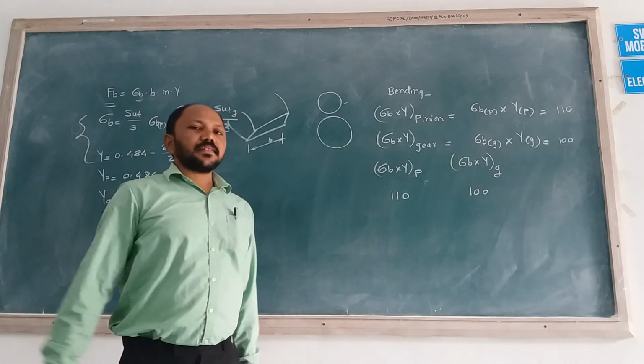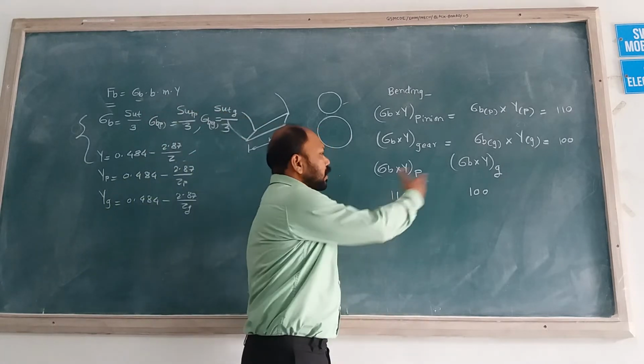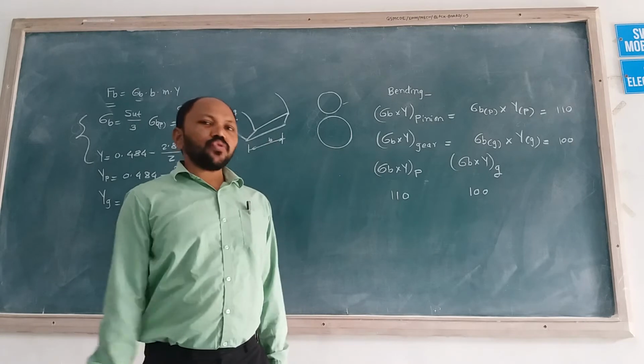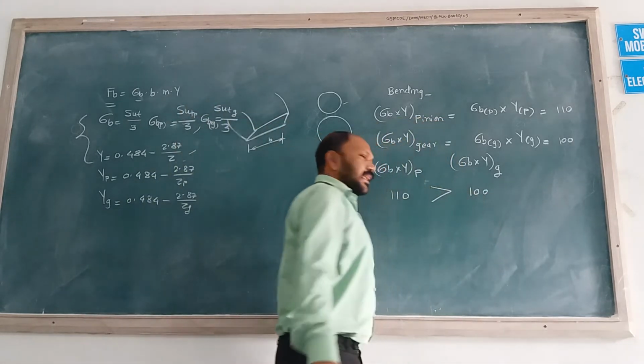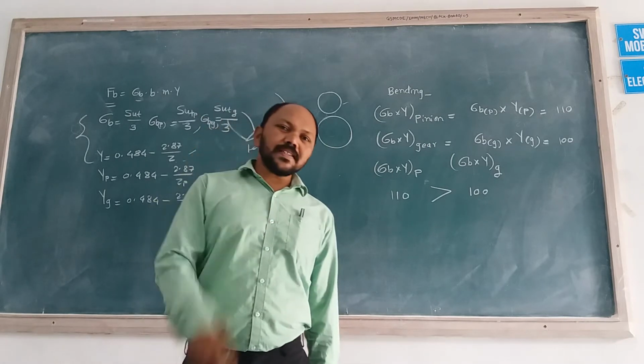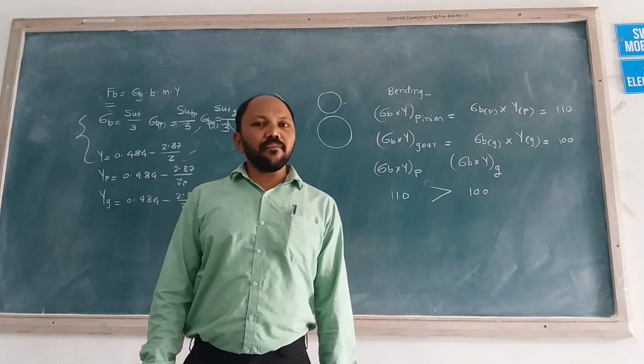Compare both and see which product is less. By looking at this, we can judge that 100 is less than 110. So whichever answer is less becomes the weaker in case of bending failure.